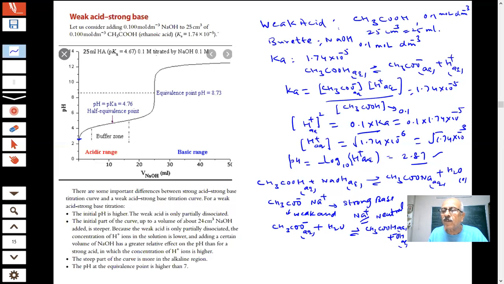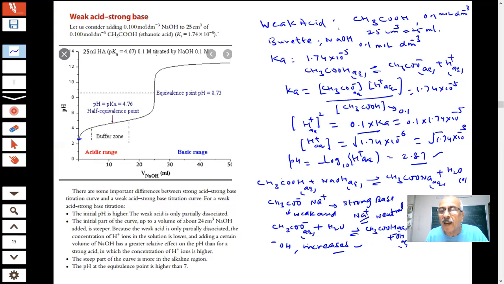Now, this ethanoic acid is a weak acid, but the OH minus concentration will increase. If the OH minus concentration increases, what will happen to the solution?